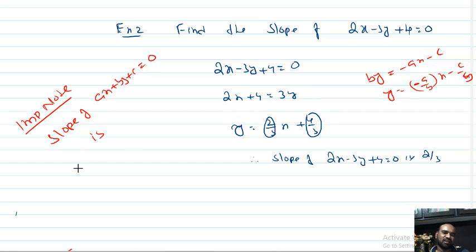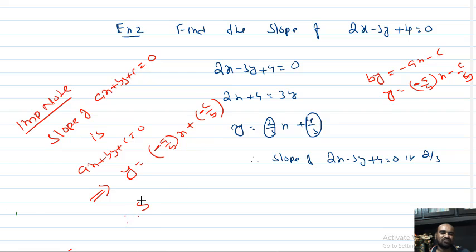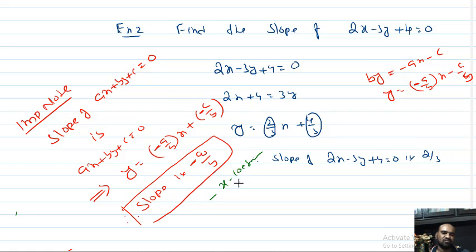So, ax plus by plus c equal to 0 can be written as y equal to minus a by b into x plus minus c by b. Therefore, what is the slope? The slope is minus a by b. Minus a by b means minus x coefficient by y coefficient, which gives the slope of the line.